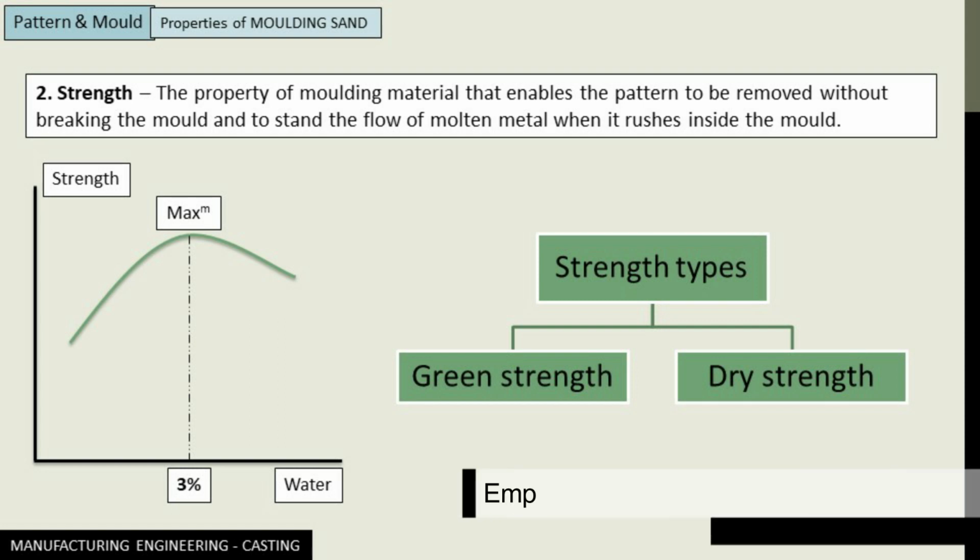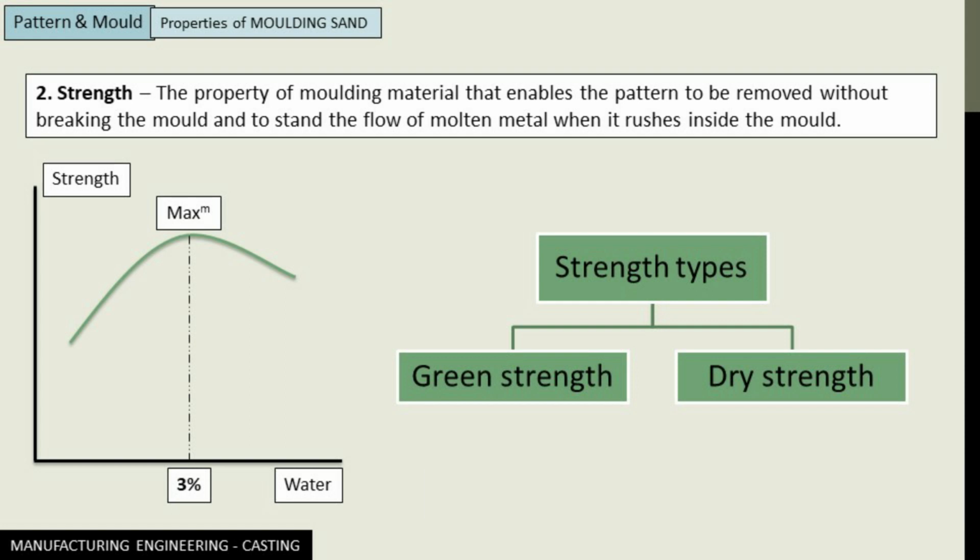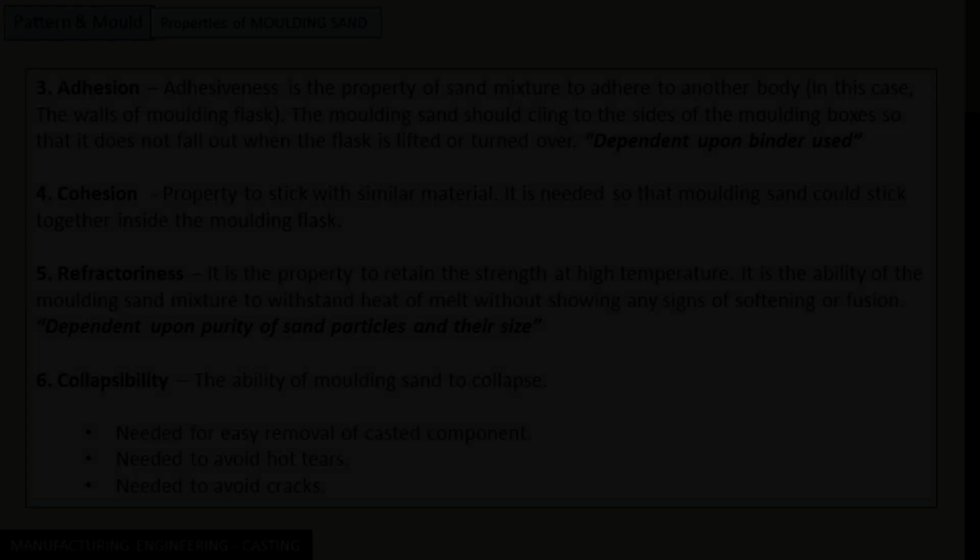Empirical means everything that is shown here depends upon practical applications, upon practicals performed in the lab. There is no theoretical backup for the same. Now the strength is of two types, green strength and dry strength. Green strength being the strength of the green sand mold and the dry strength of dry sand mold.